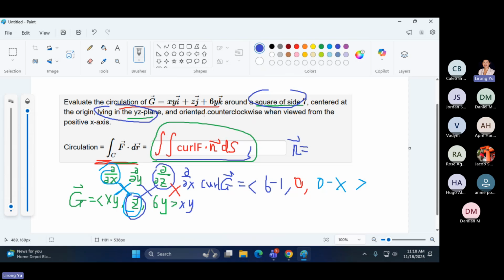So you need to know the normal vector for the YZ plane. What exactly is the equation for the YZ plane? It's x equal to 0. All the points in the YZ plane have x equal to 0. So that's the equation of the YZ plane. So the normal vector will be 1, 0, 0.